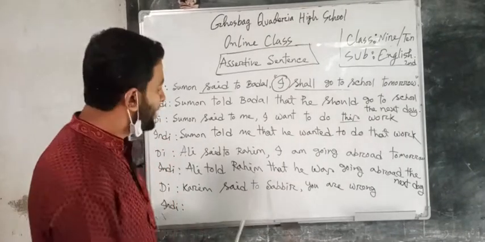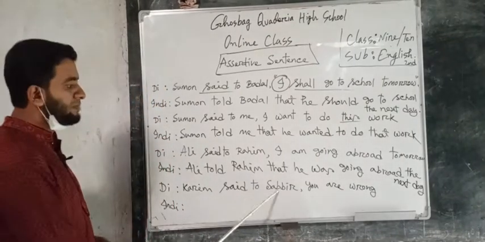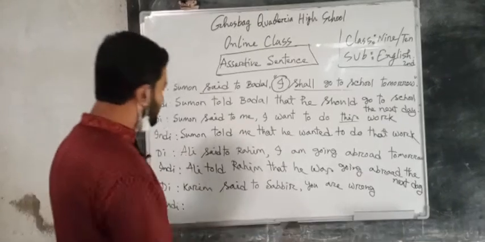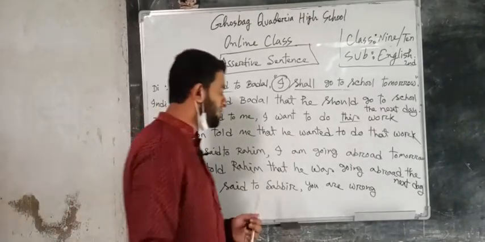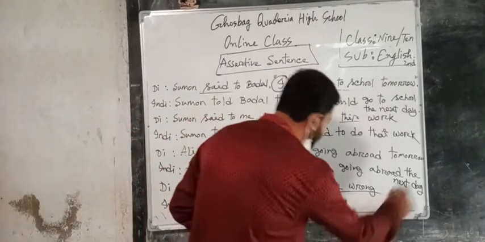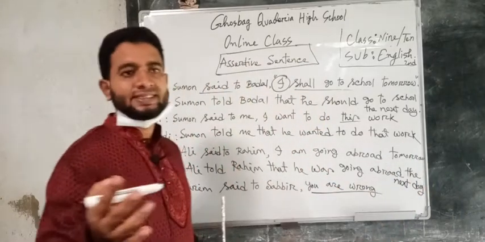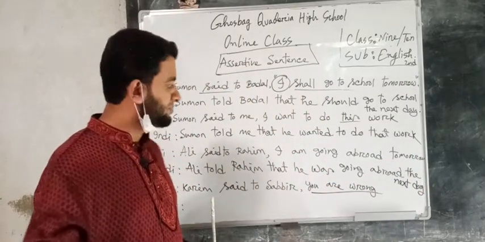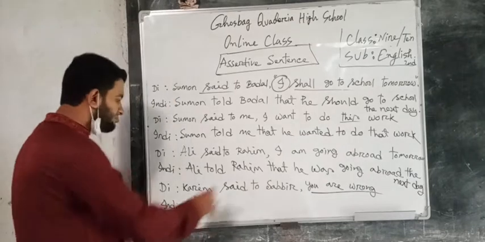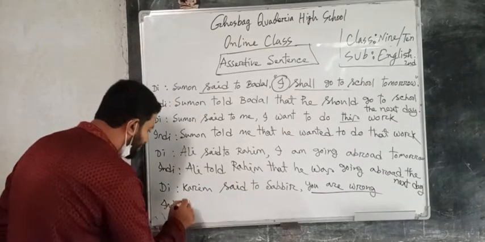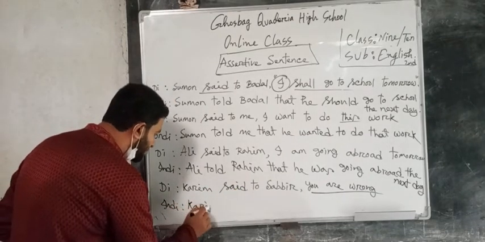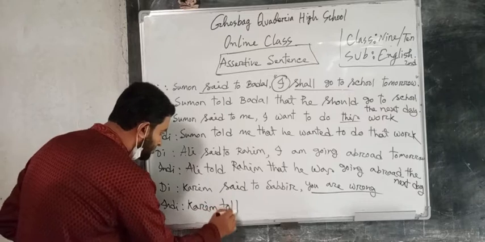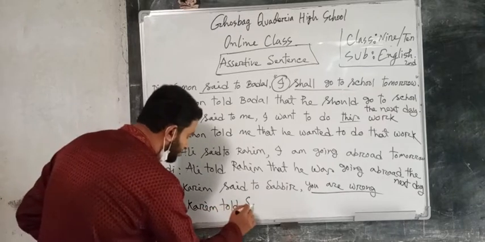And now look at the next example. Karim said to Sabir, you are wrong. So first of all, you have to identify what kind of sentence it is. I hope you understand. This is also an assertive sentence. So now change it. Instead of said to, you have to use told. Karim told Sabir.